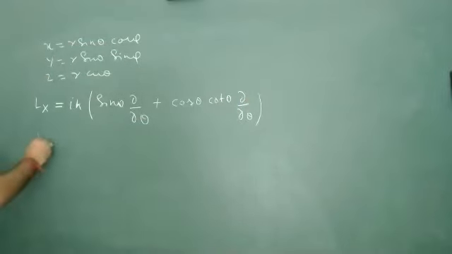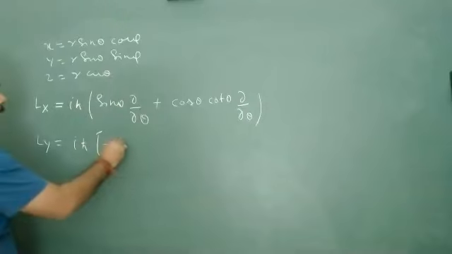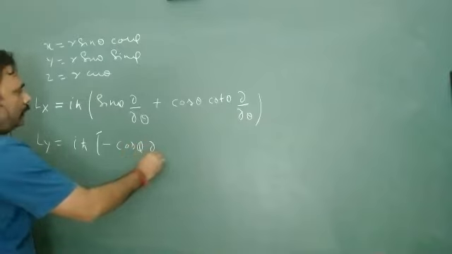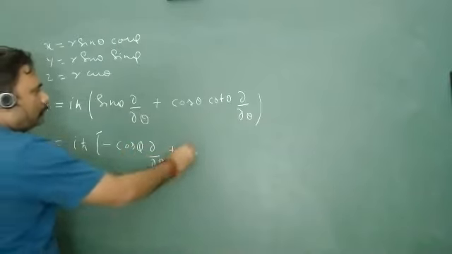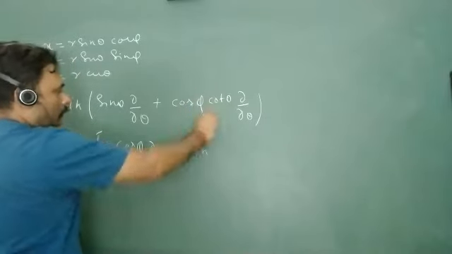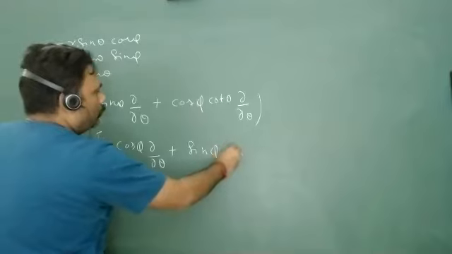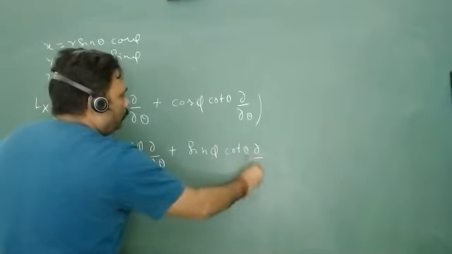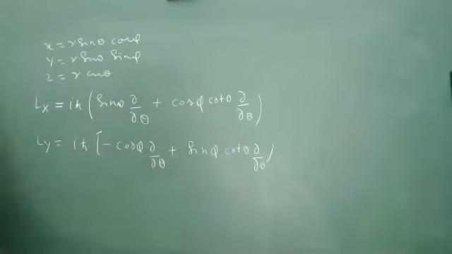Similarly, Ly is equal to i h cut, and you can write minus cos phi del upon del theta plus sine phi cot theta del upon del phi. Please check it. And what will be Lz? Minus i h cut del upon del phi.